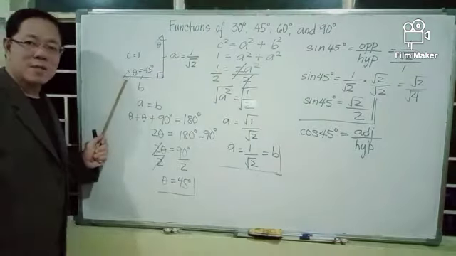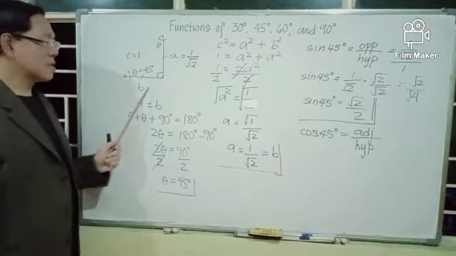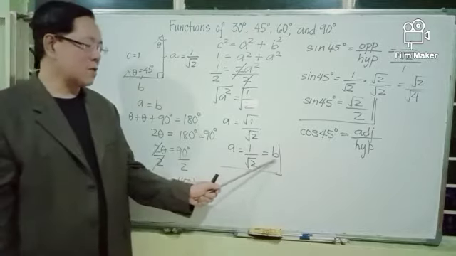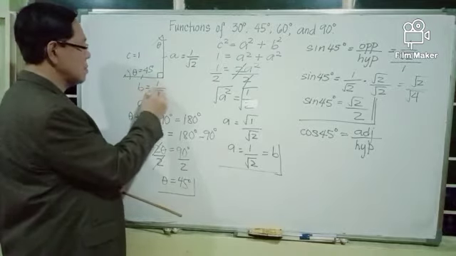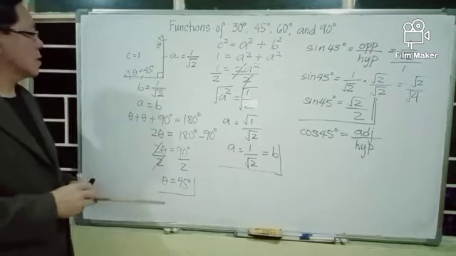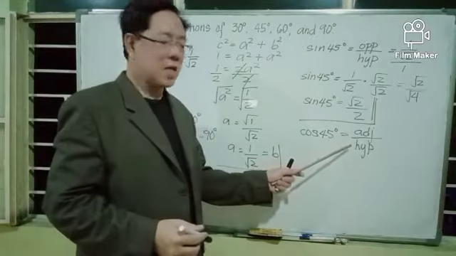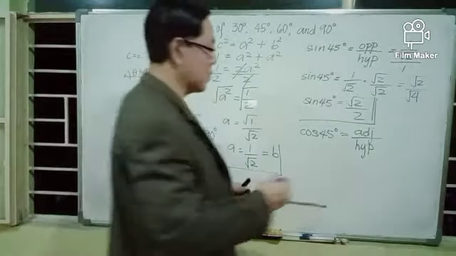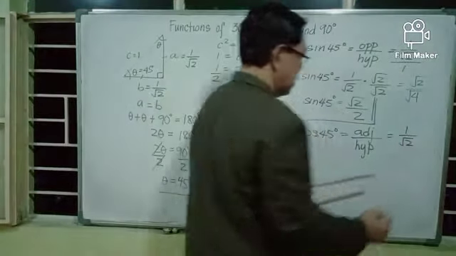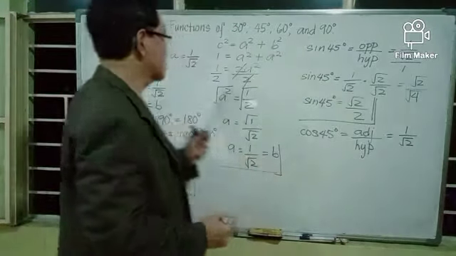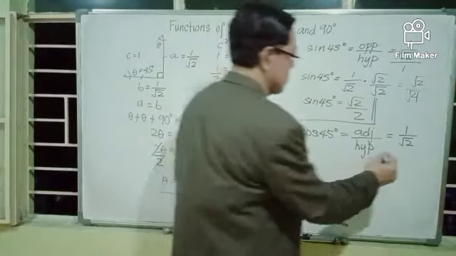In this diagram, the side adjacent to this acute angle is B, whose value is also 1 over the square root of 2. We replace the adjacent side with 1 over the square root of 2 and divide by the hypotenuse, which we take as 1.